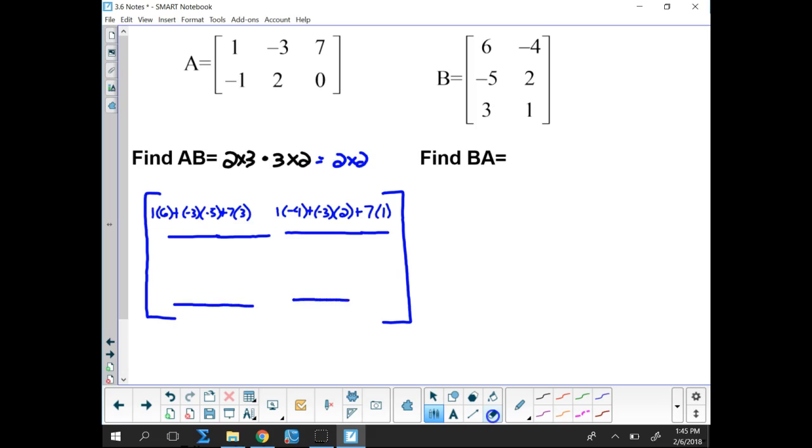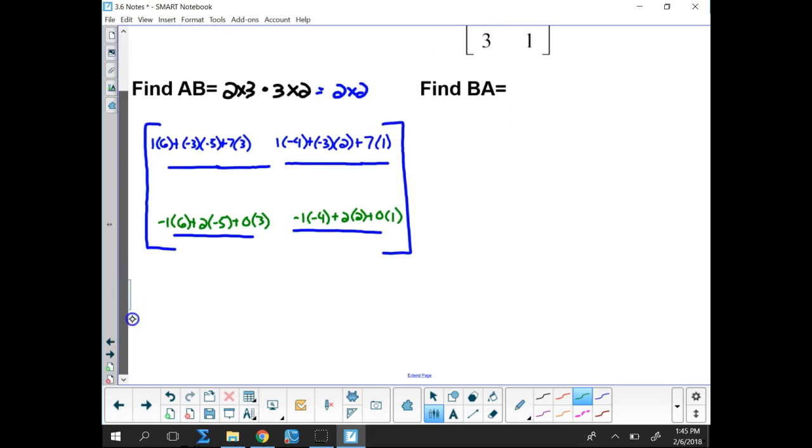Row 2, column 1 is going to be negative 1 times 6 plus 2 times negative 5 plus 0 times 3, and negative 1 times negative 4 plus 2 times 2 plus 0 times 1.